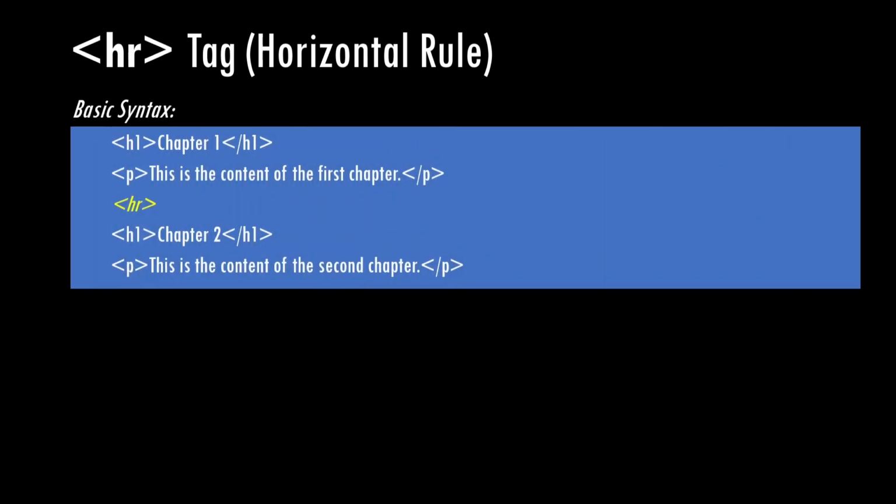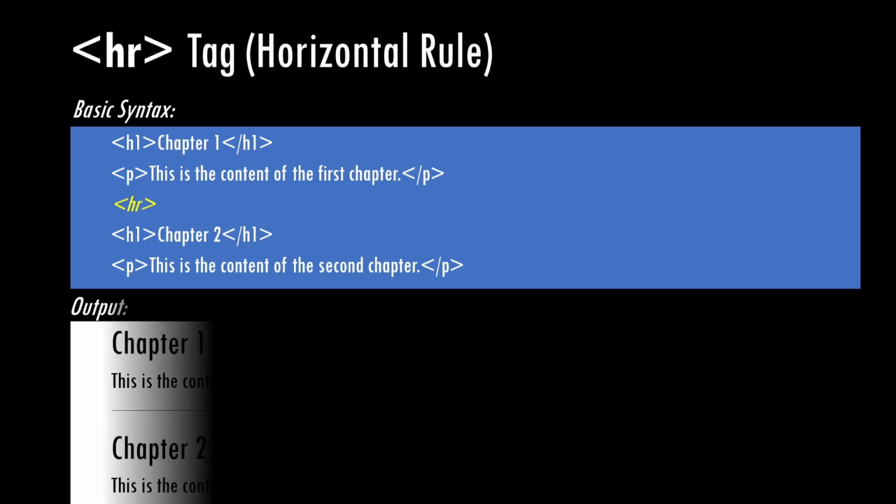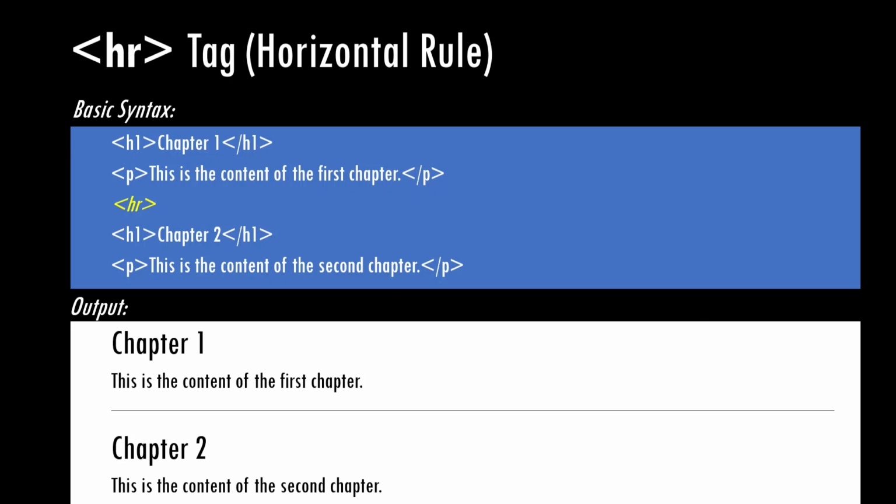I take an H1 and P tag. After this, HR tag, then again H1 and P tag, and the output may look like this. To visually separate, there is a line or a border, that is the HR tag.